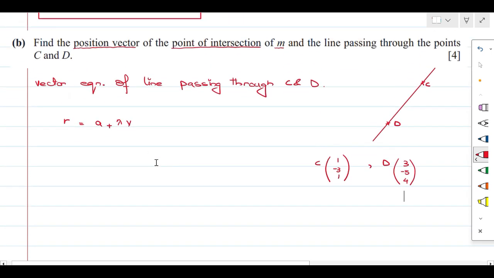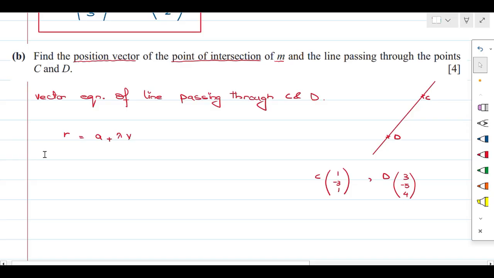Now for the vector equation of the line that passes through the points C and D, we need the passing point. You can take the passing point as C or D, this is up to you, and the direction vector is parallel to CD or DC. This is up to you, right? So first let me solve for the direction vector. The direction vector is v. We can do CD, which is OD minus OC.